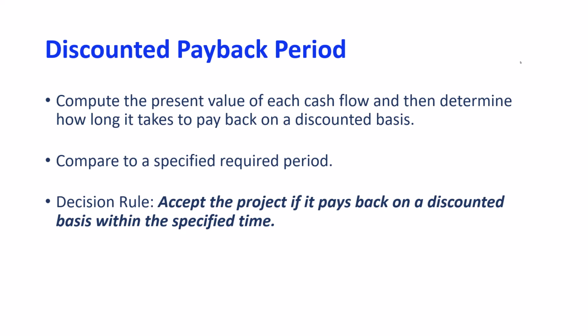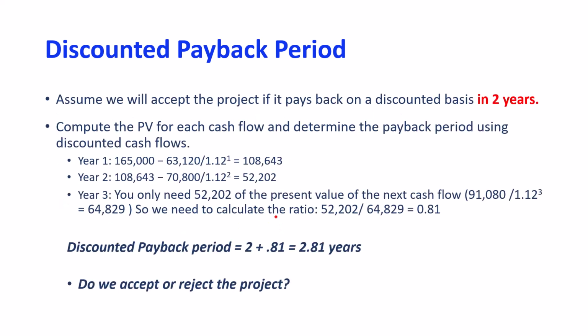So in the discounted payback period method, we are going to solve that issue by first computing the present value of each of the future cash flows, and then subtract those present values from the cost and then find the new discounted payback period. The decision rule is similar. We are going to accept a project if it pays back on a discounted basis within a specific period of time, the management number. So let's look at an example.